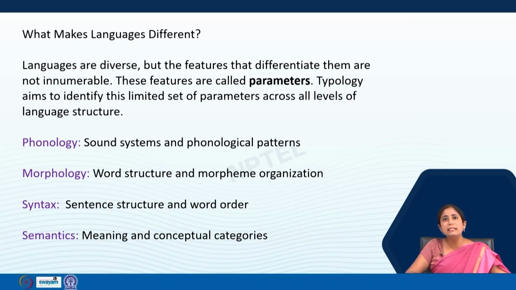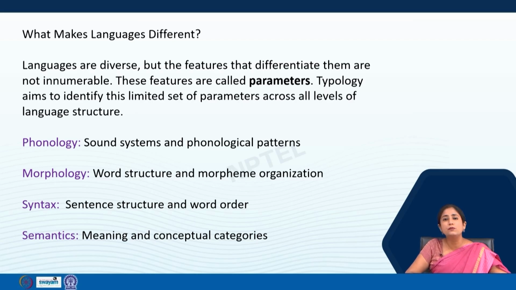But then these features are not innumerable. That means there is already a certain set of features which make one language different from the other. These are a lot, these are not very few.